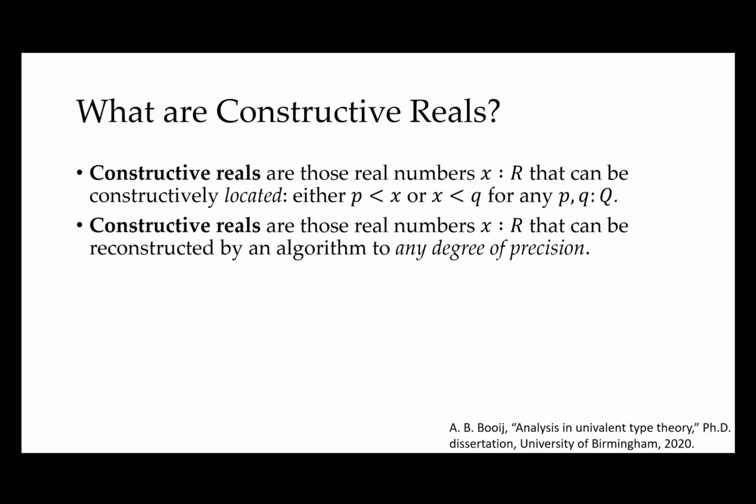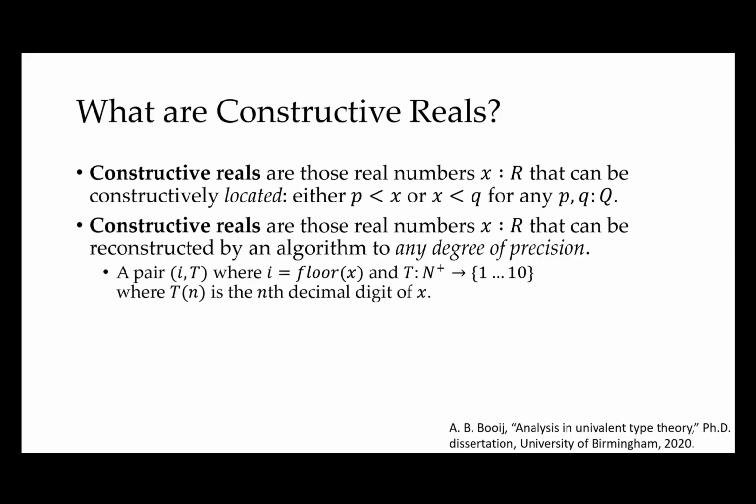So if we think more about algorithms, constructive reals are those reals that can be reconstructed by an algorithm to any degree of precision. Again, saying any degree of precision, we have an infinite process, and we're finitizing it. We can go further, but it still works on a computer, of course, because we're finitizing it. And this is what Alan Turing talked about when he originally introduced computable numbers. He had a system with a Turing machine.